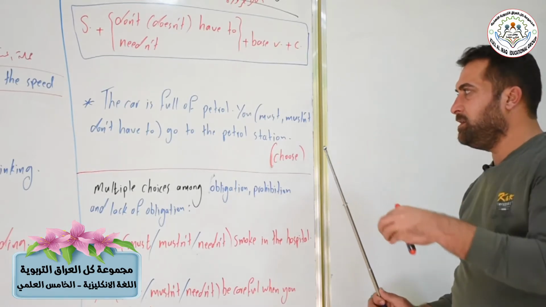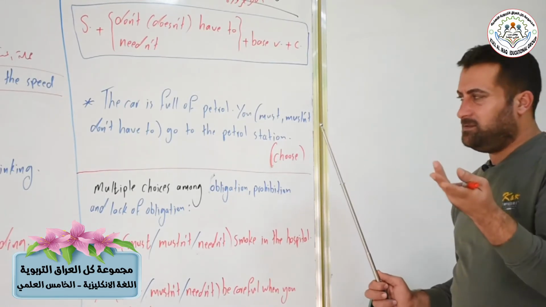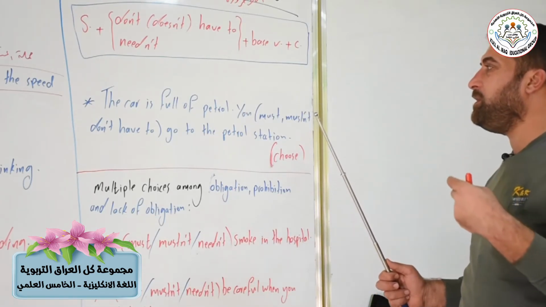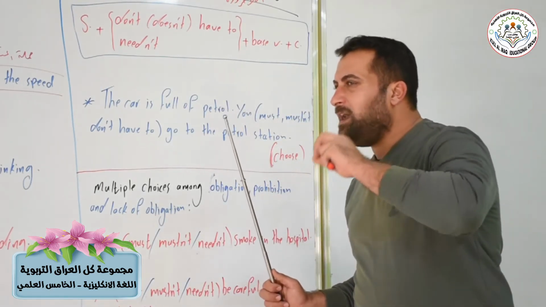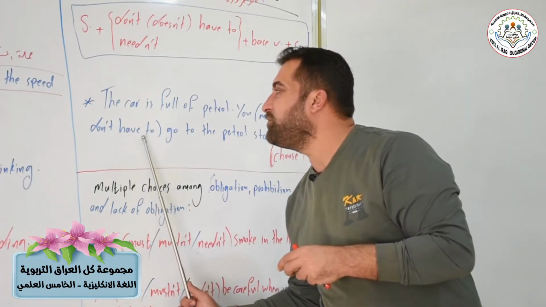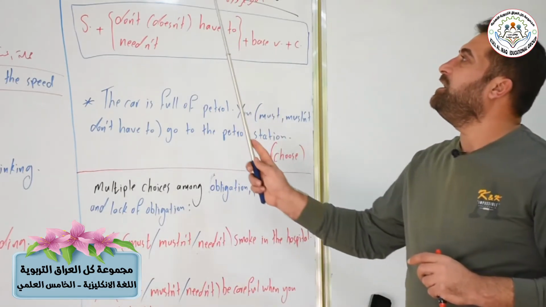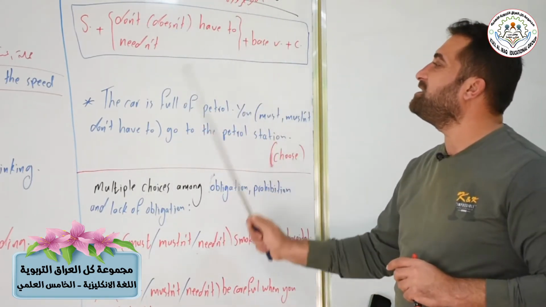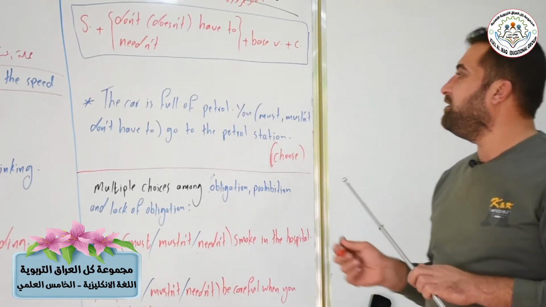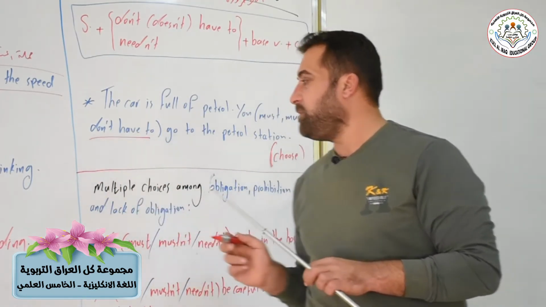"You must" and "you mustn't" are weak. "You mustn't go" means nothing will happen if he goes to the petrol station. But the best expression is "you don't have to", lack of necessity, no need to go to the petrol station. The answer here is don't have to.